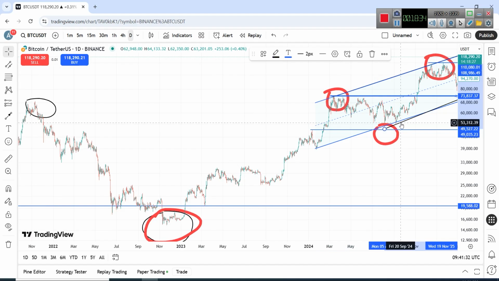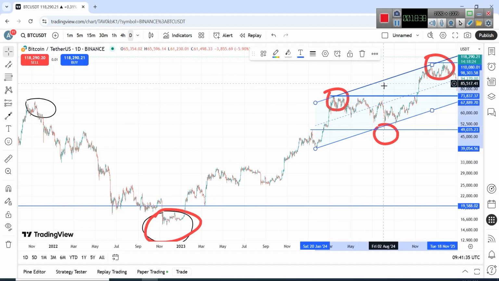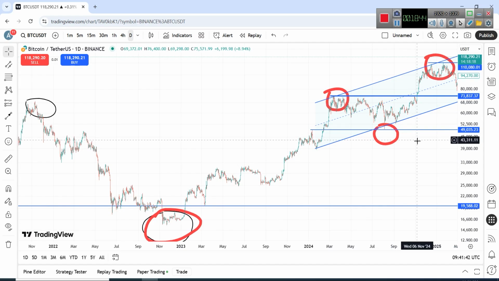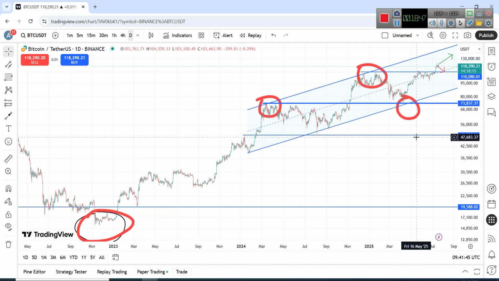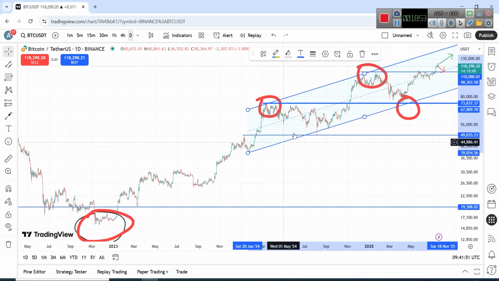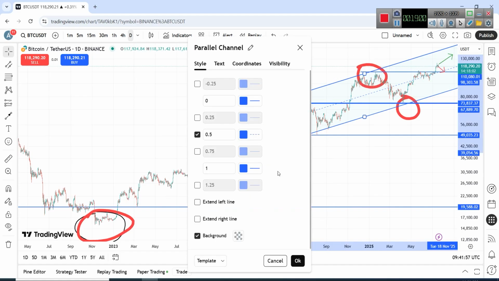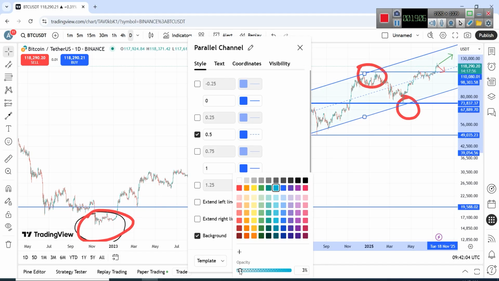So if we remove the black lines, no, the other line, yeah. Well, it's removed. Where does it go? We change the setting. We remove the background, or make it like 5%, or 2%.